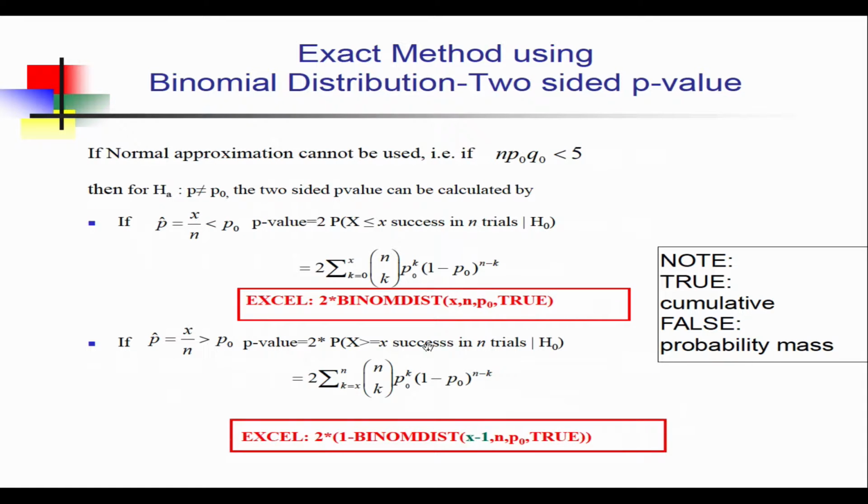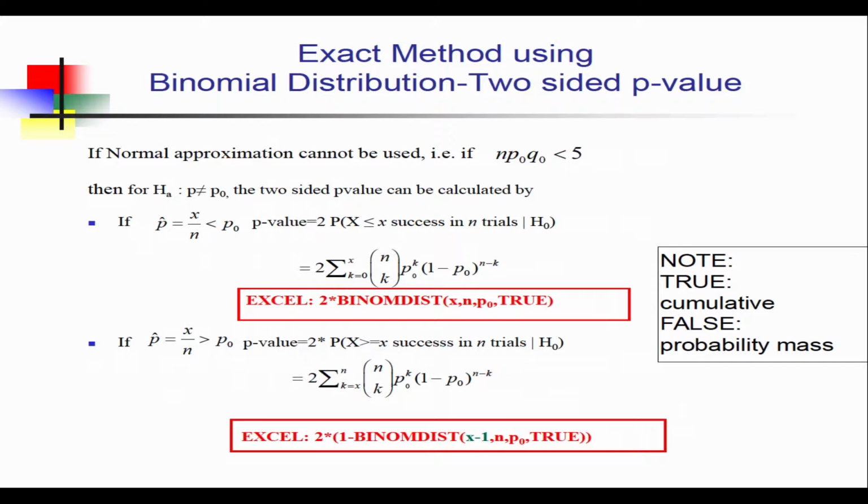Before we talk about the real example, here is how to calculate the p-value for the two-sided test. For the two-sided test, it depends on your sample proportion estimate. If your sample estimate is less than p0, the number you put under the null hypothesis, then you calculate the lower tail probability and double it, giving the two-sided p-value.